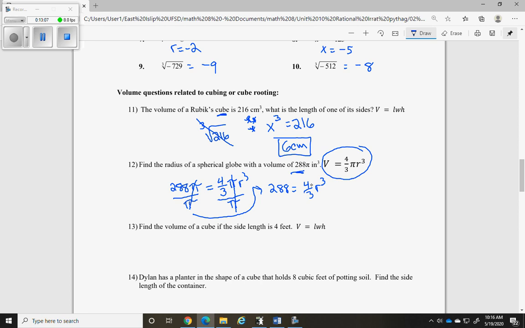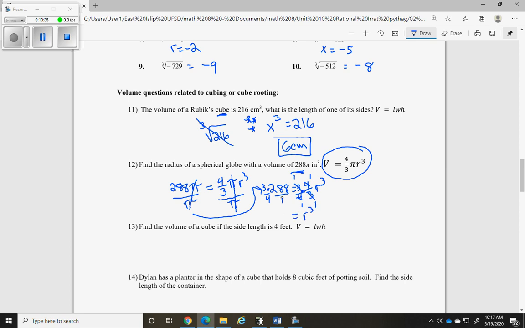Now, if you remember, when you have a fractional coefficient, a very good method, the method I prefer, is to multiply both sides by the reciprocal. Remember, whatever you do to one side, you have to do to the other. The reciprocal works because this 3 and this 3 simplify to be 1 over 1. The 4's simplify to be 1 over 1. And I'm left with r to the third power on the right side.